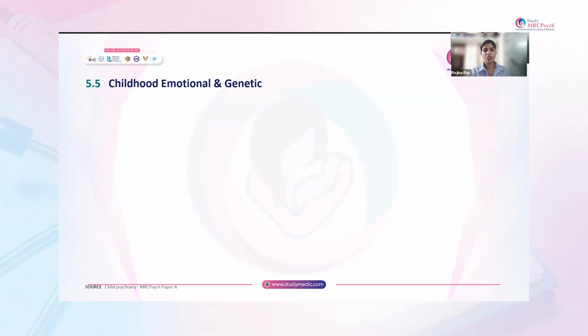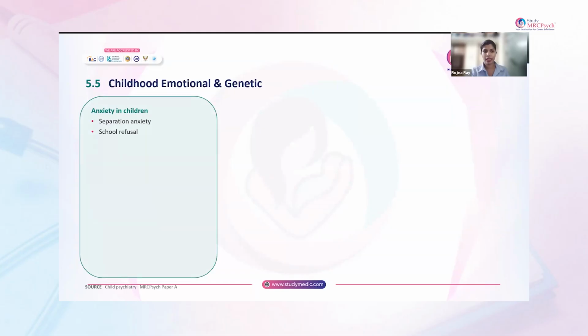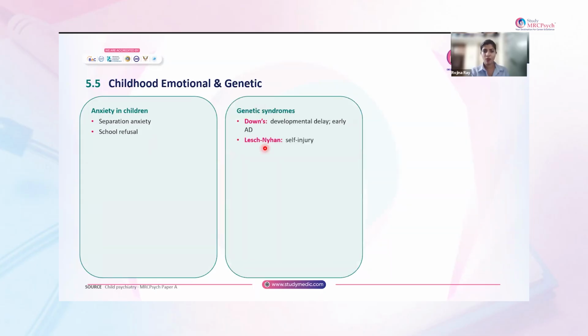Moving on, common childhood emotional disorders, especially the anxiety spectrum, involve separation anxiety, where the child has excessive fear of separation from caregivers. Then there can be school refusal, where the child refuses school due to anxiety. Then the important genetic syndromes that we need to read are Down syndrome and Lesch-Nyhan syndrome.